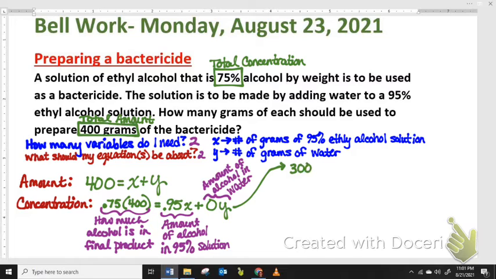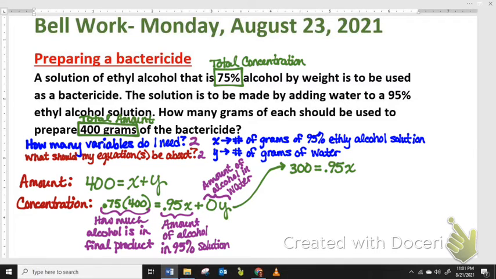So I have 300 equals 0.95x. Can I simplify the 0y at all? What would that simplify to give me? 0 times anything is just 0. Yeah, 0 times anything is just 0. And if I'm adding 0 on the end, do I have to write it down? So that pretty much just drops out.